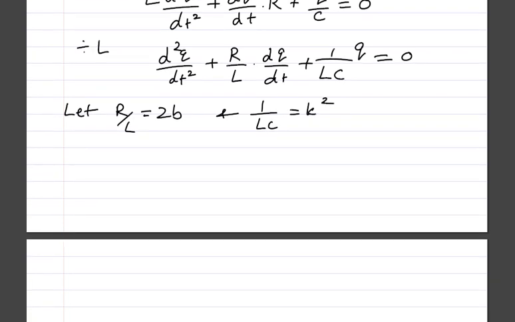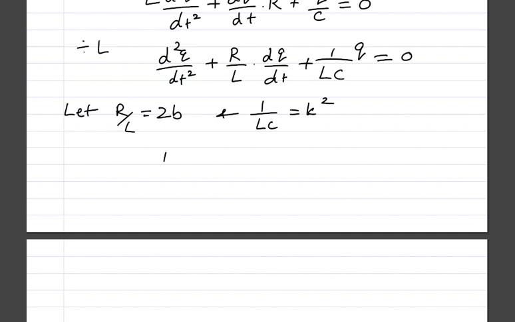You will know why we choose those terms like that. Why it is 2b, why not b, you will know later. I think you have already understood it from the charging of the LCR circuit. K squared, 1/LC, has got the dimensions of the square of the angular frequency. So that is why we choose it like that.